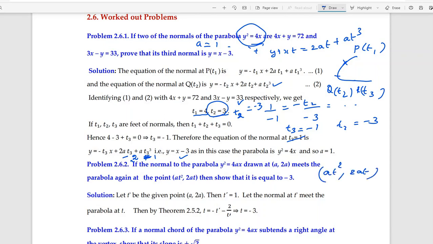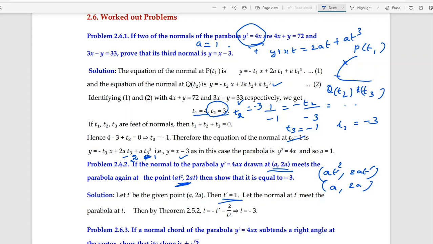But that point we are considering here as a, 2a. Because t is already coming here, just to differentiate, we consider at prime square, 2at prime. So that point is taken in this way. So that tells us that our t prime is 1.